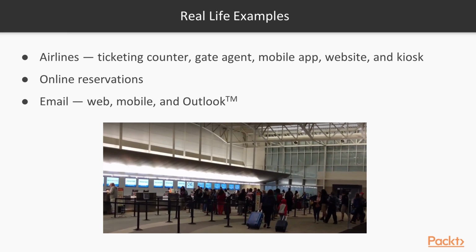So as I've been talking, you've probably been thinking of some real-life examples, and I can give you a few that come to mind very quickly. First of all, we have here a picture of my hometown airport. This is CVG in Cincinnati, and this is the ticketing counter right out in the front. And I always think that's a really good example of having different views that are using the same model, especially if you've flown for a long time.